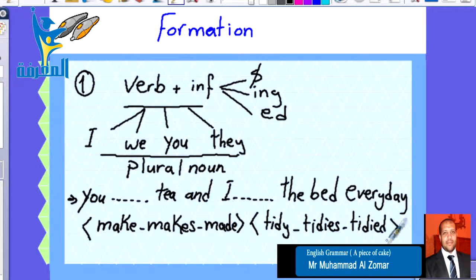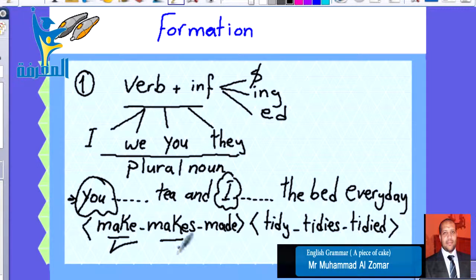If we are going to choose, we shall first look carefully. In this part, we have you, and in that part, we have I. These pronouns take the verb in the infinitive shape if it is present simple tense. So here, we are going to choose from make and makes. And because we have here you, we will take make.